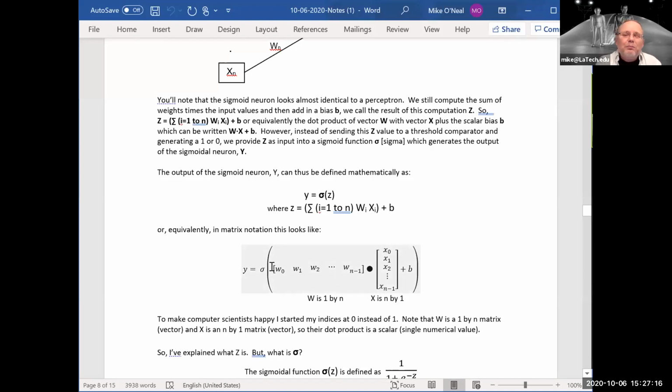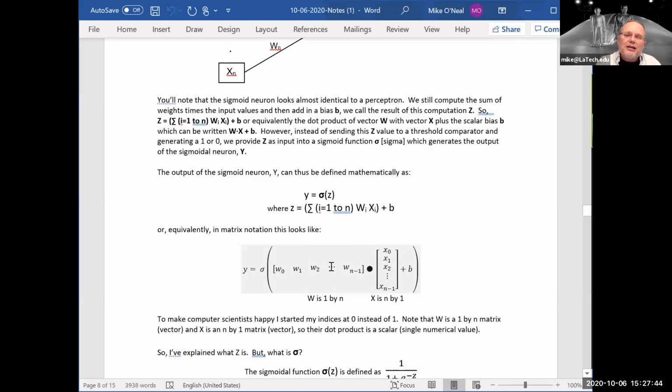So how do you compute w times x? Well, it's w0 times x0, plus w1 times x1, plus and so on. This just spells out how you do this multiplication here. And once you get the result, you then add in b.